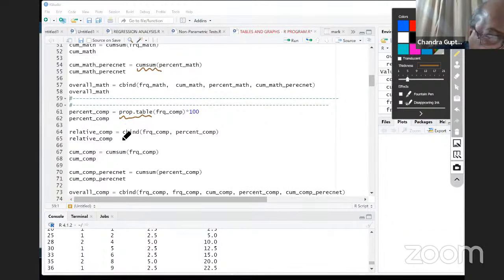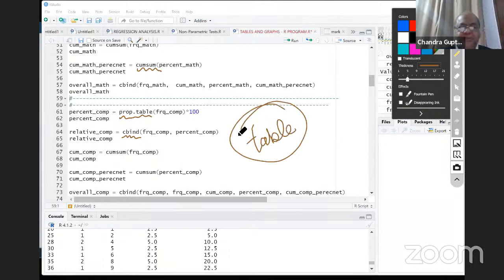Then combine and simple table. So friends, now I think you can create frequency tables and relative frequencies and cumulative frequencies by using simple commands of R.